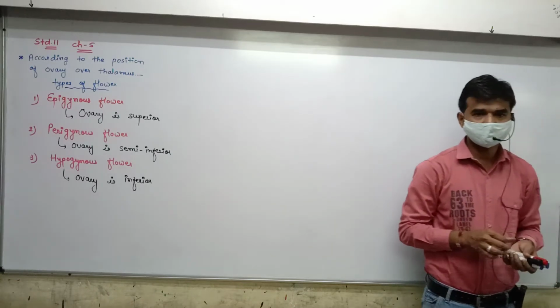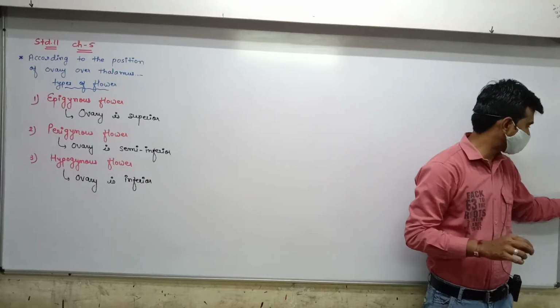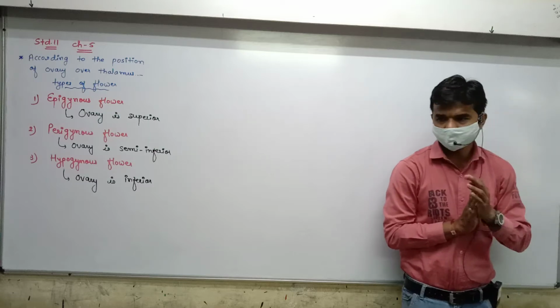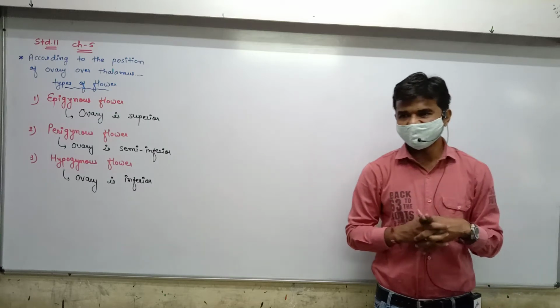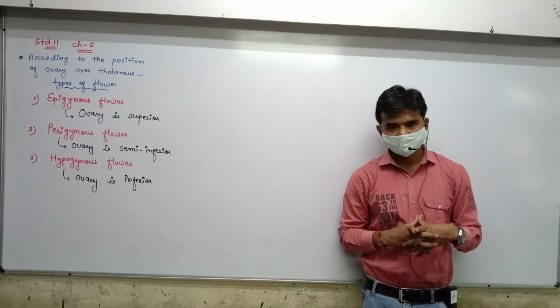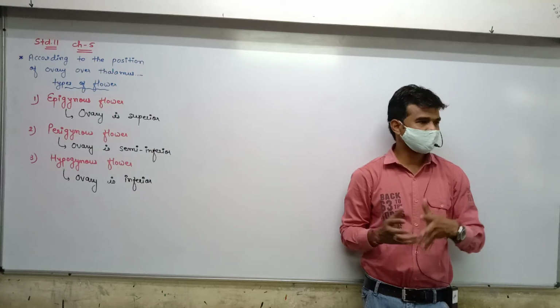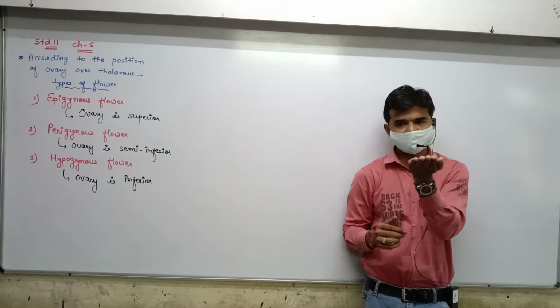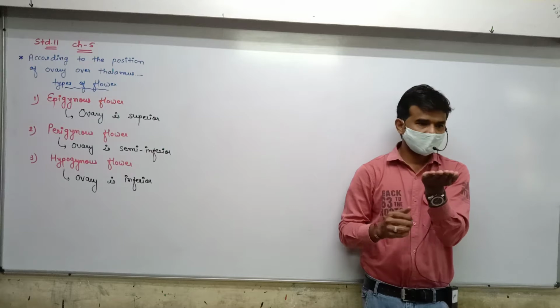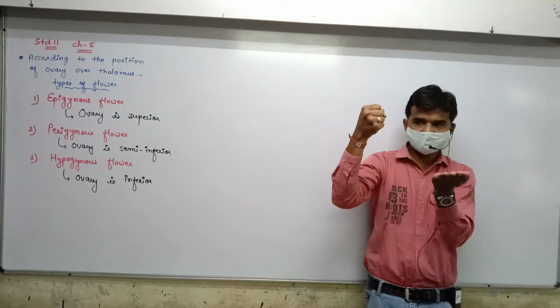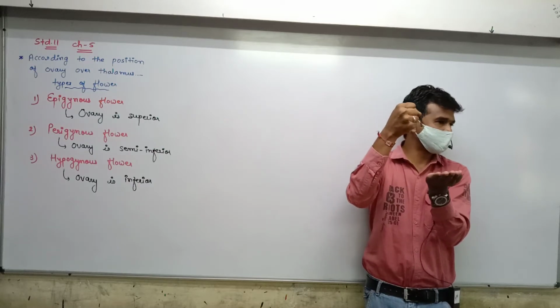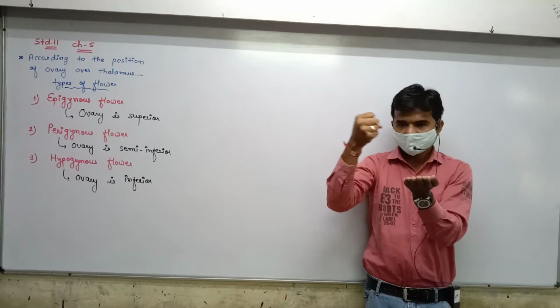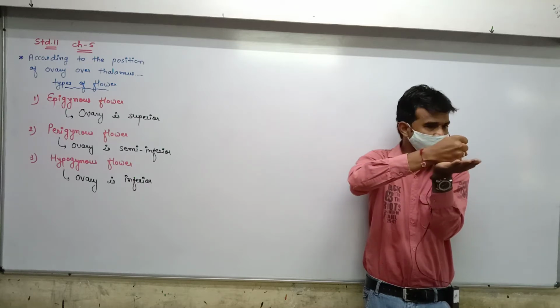See, the thing about that is very easy to understand. Think about this: this is the thalamus, and this first is the ovary. So the ovary is just above the thalamus.